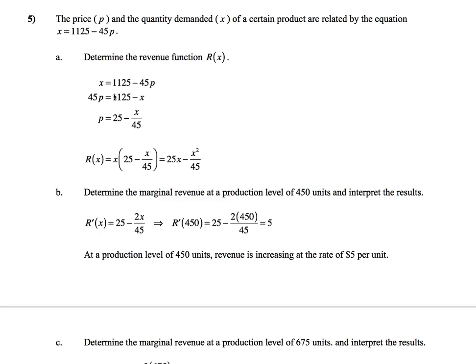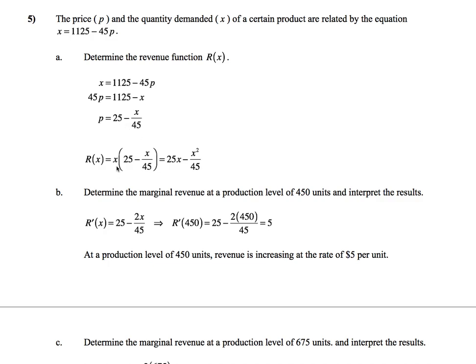And so we add 45p to both sides here and subtract x from both sides of this equation and divide both sides of the equation by 45. Not all of those steps are shown here explicitly, but I think that that's something that everybody should be able to handle. It's just a linear equation, and we're just solving for a particular variable. So this is our price in terms of x, in terms of quantity.